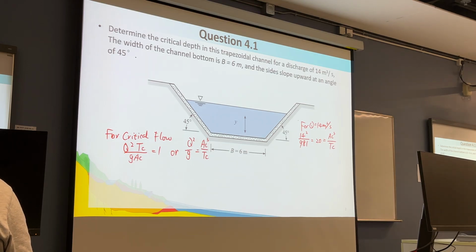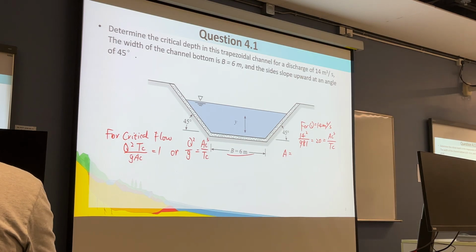Now because the area of the trapezoid, by knowing that the bottom width is B, is supposed to be the short edge plus the long edge times the height divided by 2.